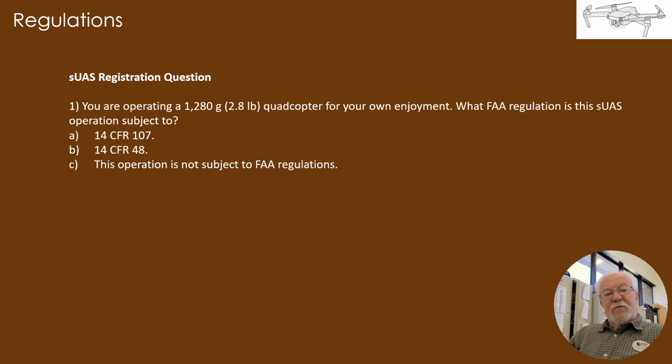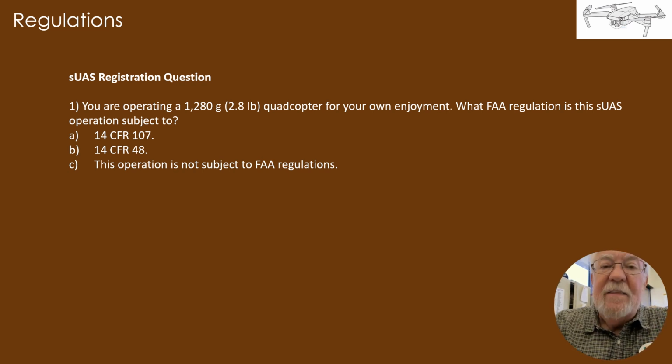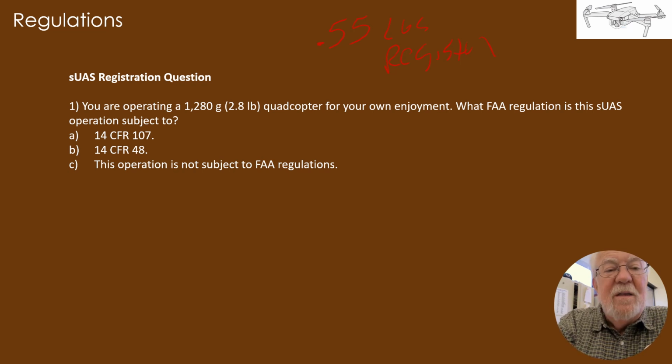Okay, so we have a registration question here. You're operating a 1,280 gram or 2.8 pound quadcopter for your own enjoyment. From the previous slide, anything over 0.55 pounds needs to be registered, right? But if it's for your own enjoyment, it's not Part 107.